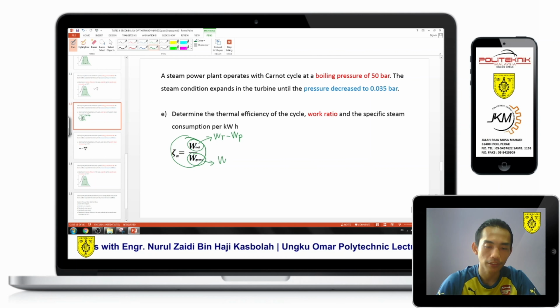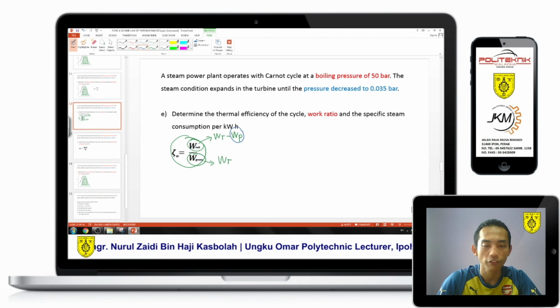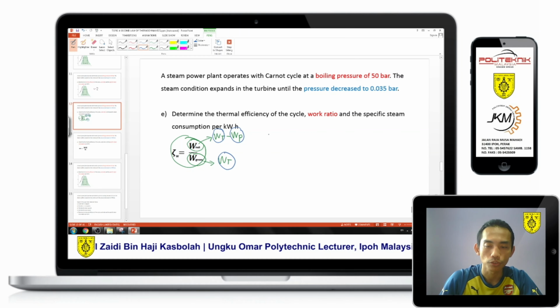W gross is W turbine. We have calculated W pump and W turbine before. So, we can calculate the work ratio.